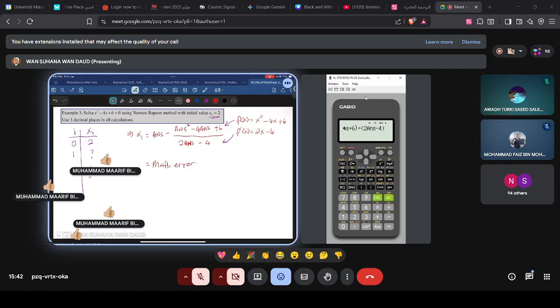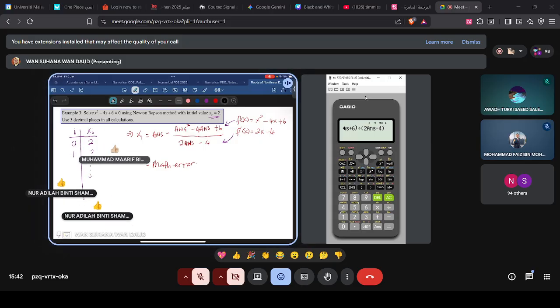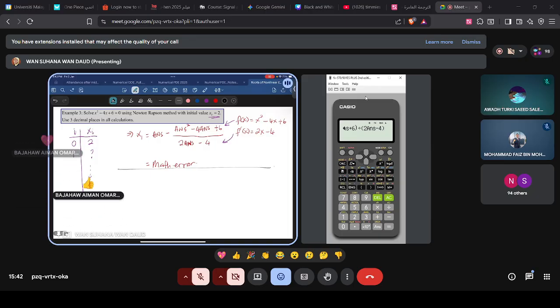The reason why it is math error is because, as you can see, the denominator, which is 2x minus 4, when you substitute the x, which is 2, you get 2 times 2 minus 4, which is equal to 0.